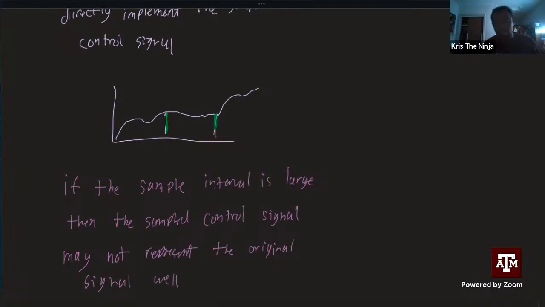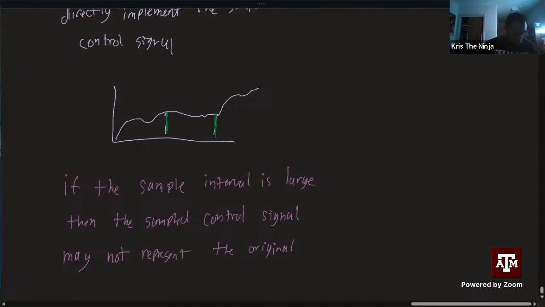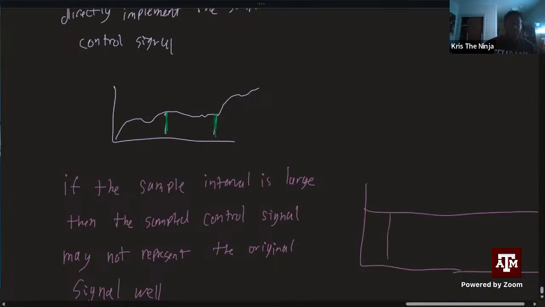Now, that's not to say it can never represent the signal well. For example, if you had a control signal that went on for 5 hours and you sampled here and here, this would be well represented.